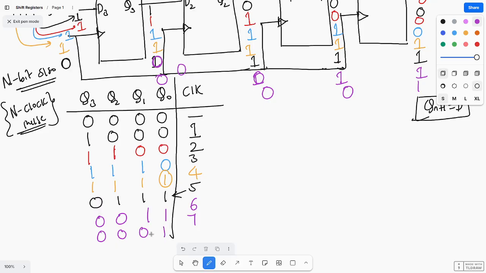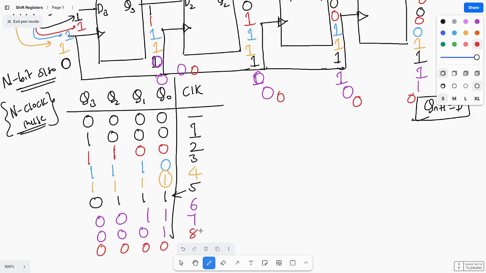At the eighth clock pulse, what happens? This will be shifted. This will go. So all the content becomes 0. All the content becomes 0 at the eighth clock pulse.